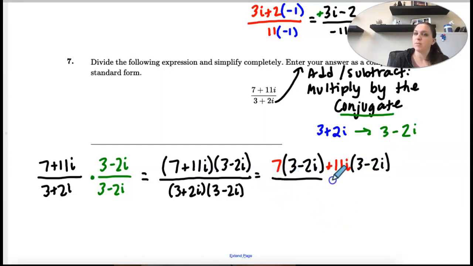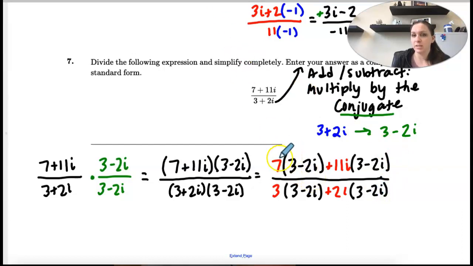And we're going to do that on the bottom too. We're going to take 3 and multiply 3 by the entire second one, and then we're going to take the plus 2i and multiply this 2i by the 3 minus 2i. So we're going to do the distributive property here a lot.